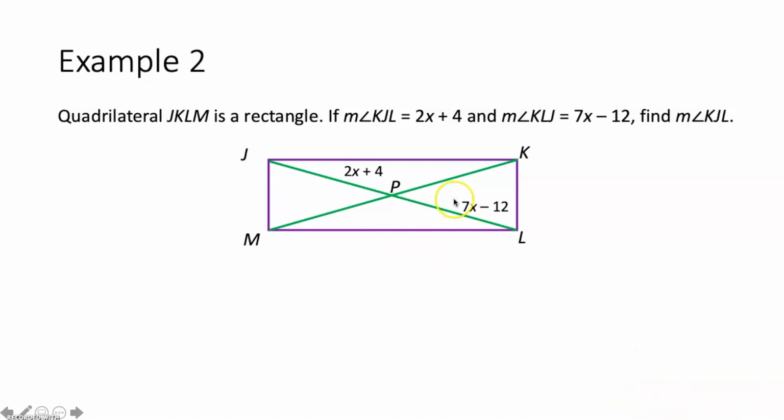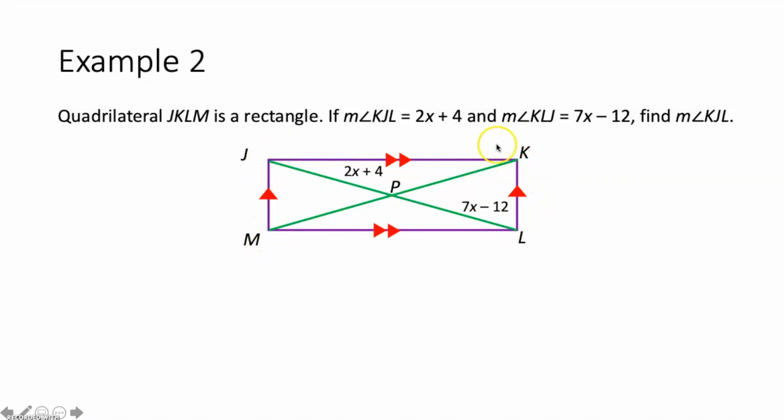Now we need to figure out how we are going to set up an equation here. Well, JKLM is a rectangle, which means it's also a parallelogram. So I know that opposite sides have to be parallel to each other. Now, how does this help us? If opposite sides are parallel, let's look at these two sides right here, segment JM or MJ and segment KL or LK.